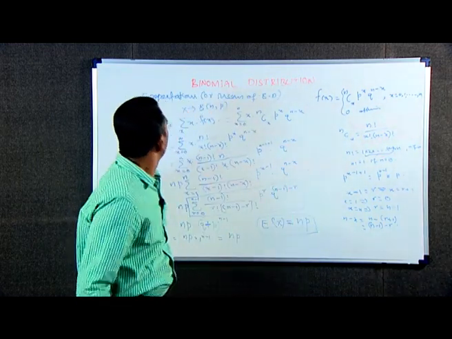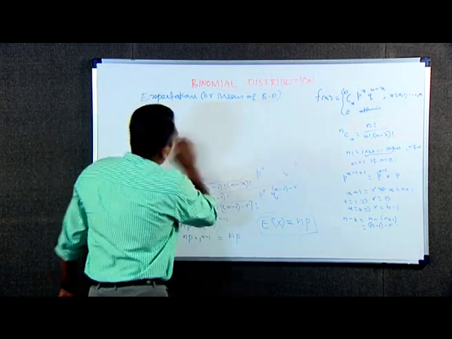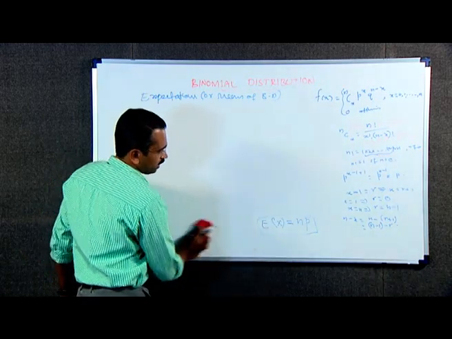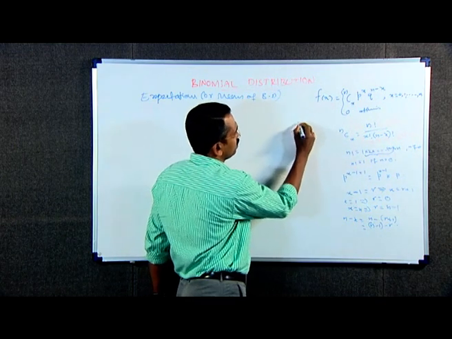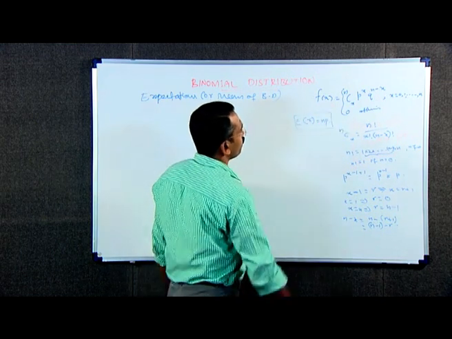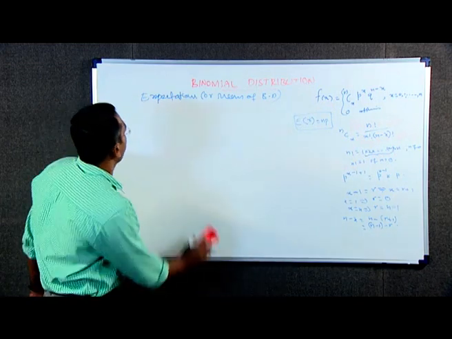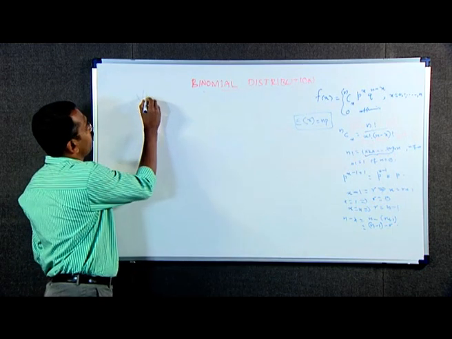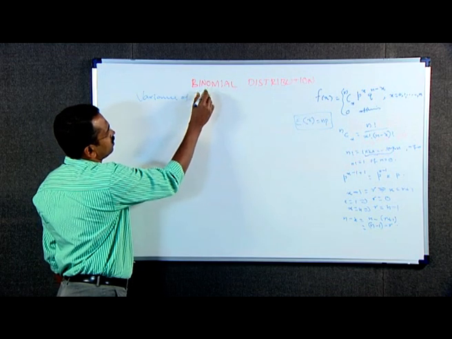Now, the variance of x, we have to prove variance of x is equal to n into p into q. Expectation of x is np. By definition, variance of binomial distribution.